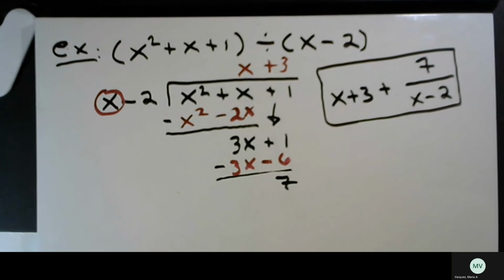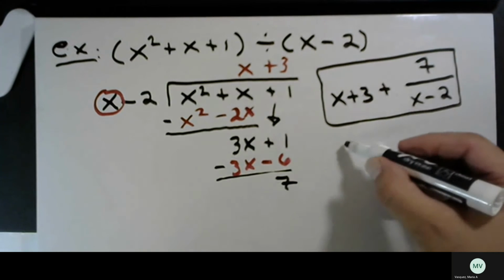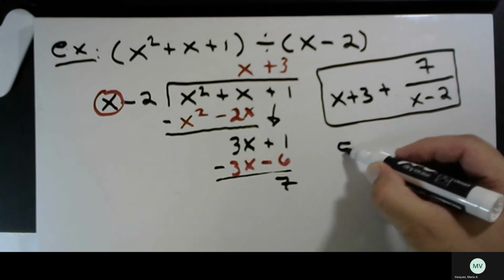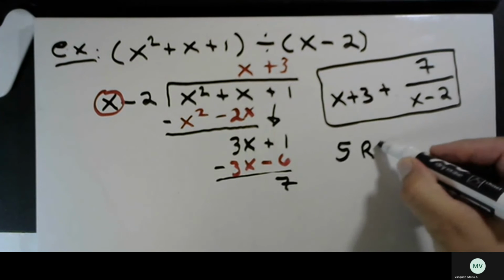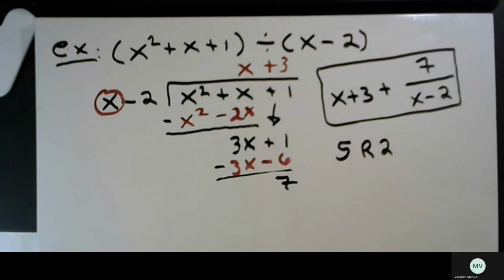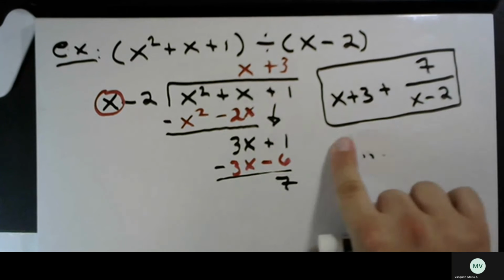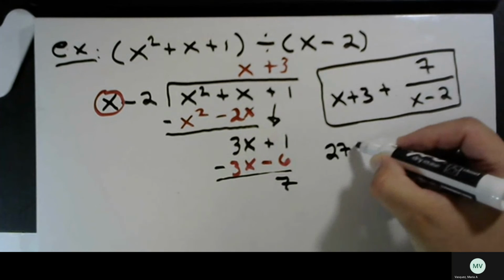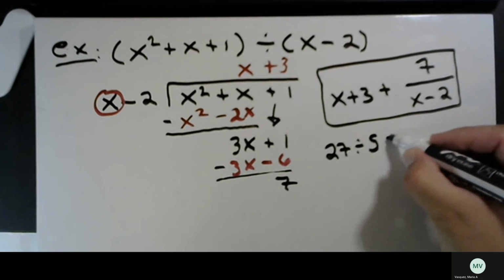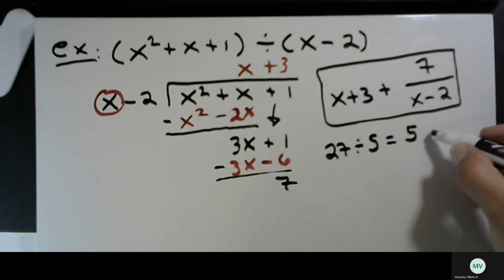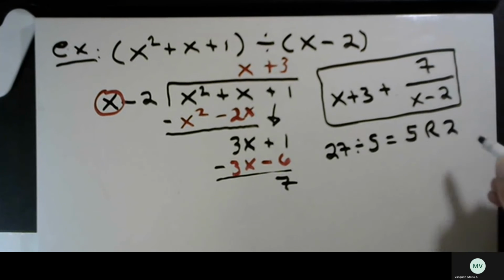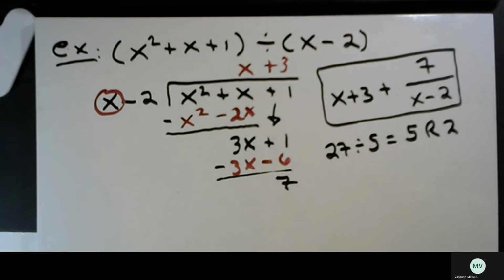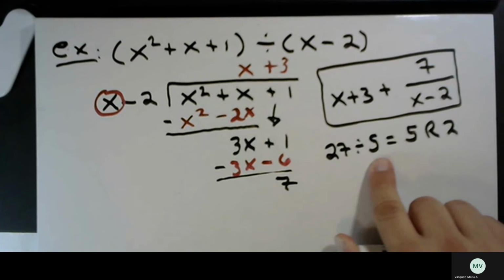And this is something that comes up in long division. Like if you have in long division 5 with a remainder of 2, and let's say you were dividing 5 into 27. So like if you did something like this, 27 divided by 5, your answer would be 5 remainder 2. And this is the divisor.